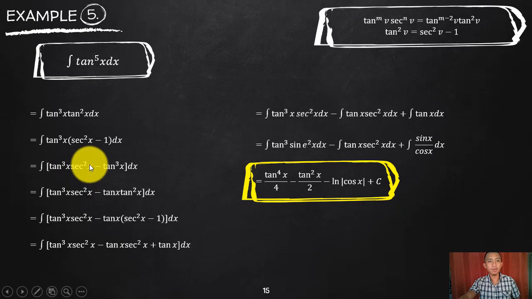Is that integrable? Yes. Why? Because tangent is your u and the derivative of tangent is secant squared, including your dx. So that first term is integrable. But if you look at your second term, tan cubed x, again tangent is raised to a positive odd power. We will again repeat the process.